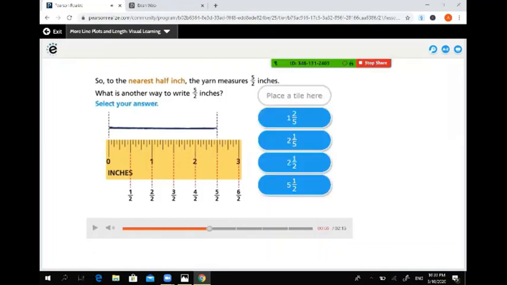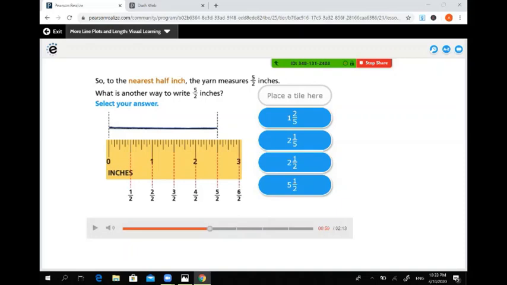Select your answer. Because it's to the nearest half inch, it's out of 2. So we will start with 0, then 1/2, 2/2, which is 1, 3/2, which is between 1 and 2, in the middle, which is 1.5, 4/2, which is 2.